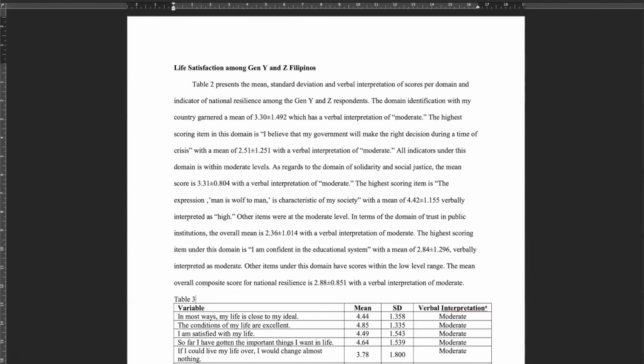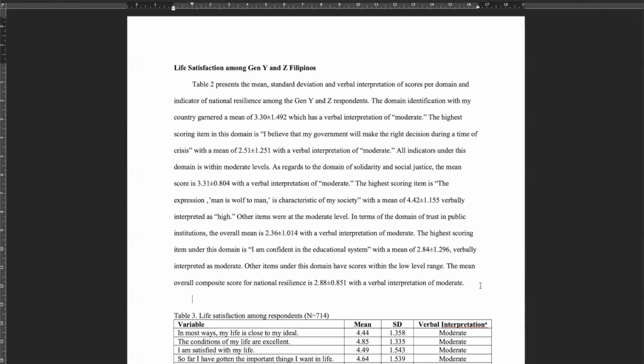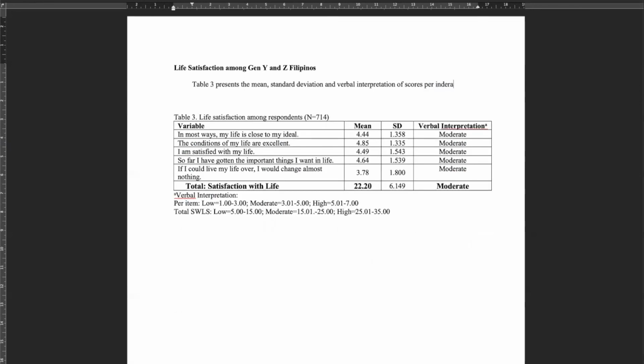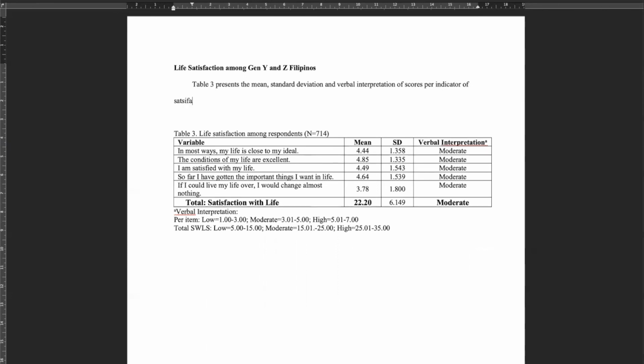Table 3, life satisfaction among respondents, N equals 714, and then give a space here for it to breathe, and then we just put it here. So Table 3 presents the mean, standard deviation, and verbal interpretation scores per indicator of satisfaction with life, right?